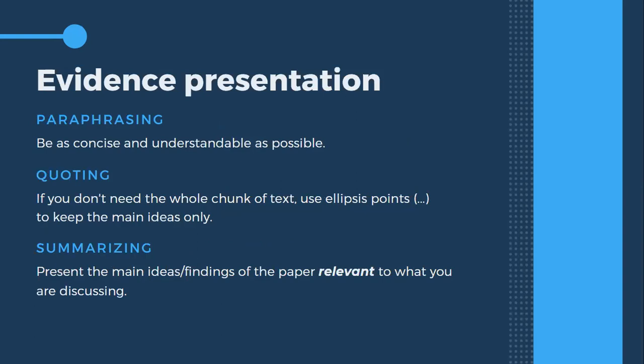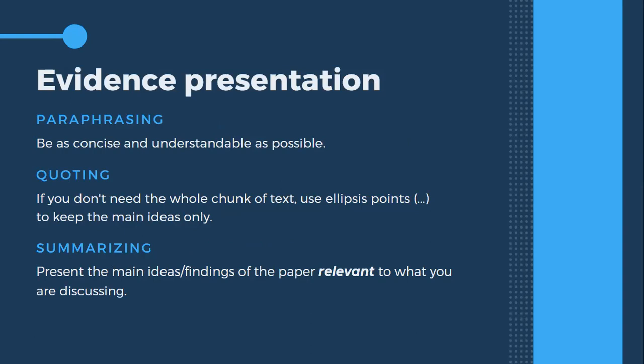Now, other than word choice, we can also think of how we want to present our evidence. There are three ways for us to present our evidence from external sources. We can paraphrase it, we can quote it, or we can summarize it. When we are paraphrasing evidence, we want to be as concise and as understandable as possible.